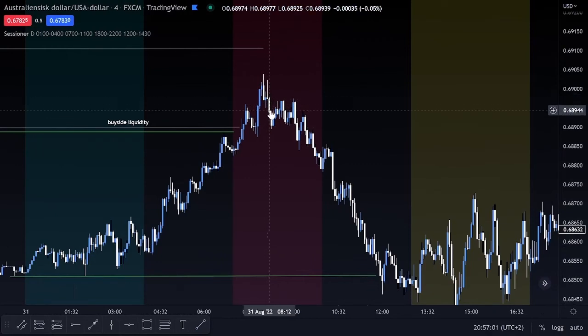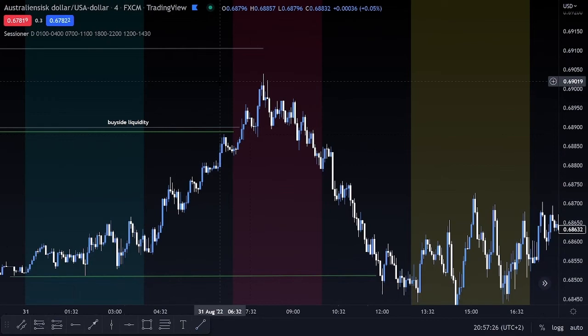But this area here is really interesting because we have hit our higher time frame area of liquidity here, where I expect a reversal in a bearish market. So I'm basically just pulling things together.